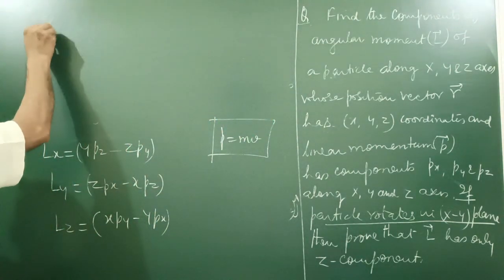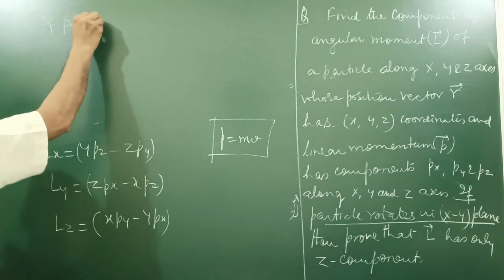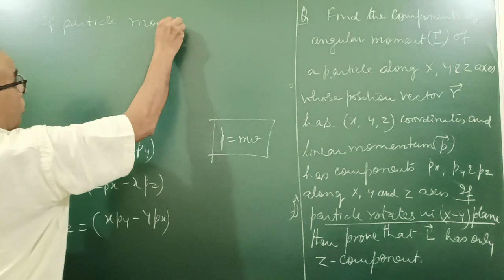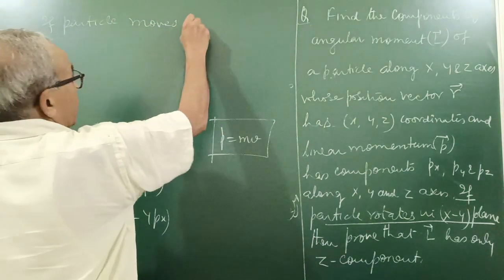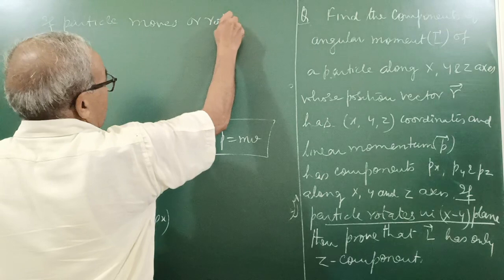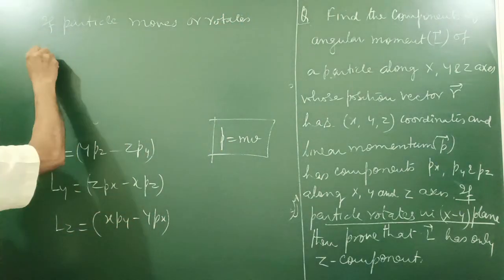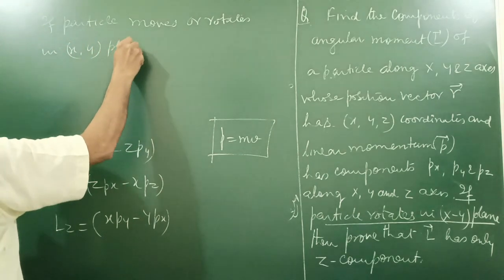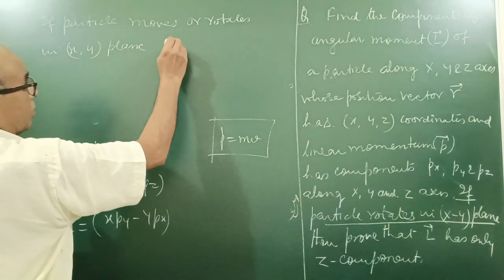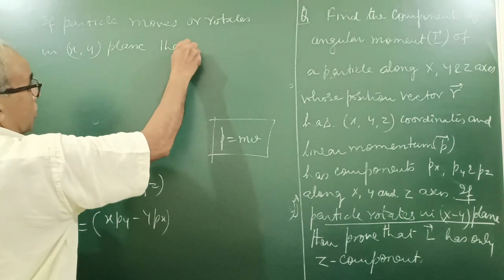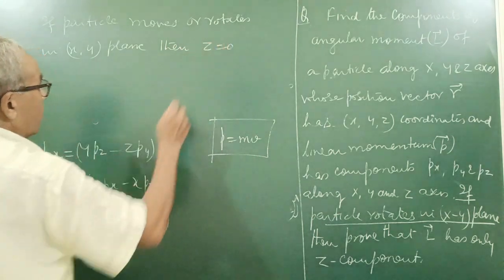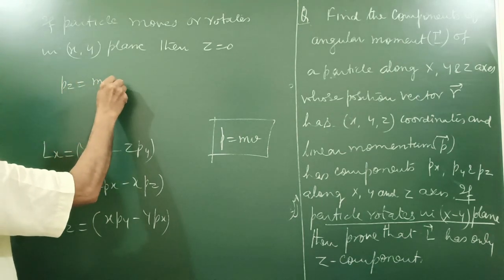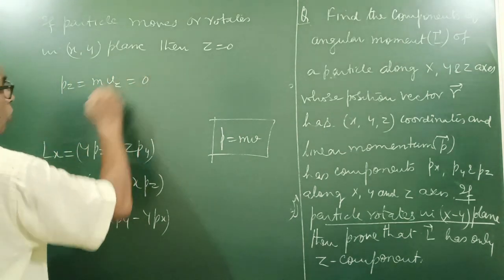If the particle moves or rotates in the xy plane, then z equals 0 and pz, that is m vz, is also 0.